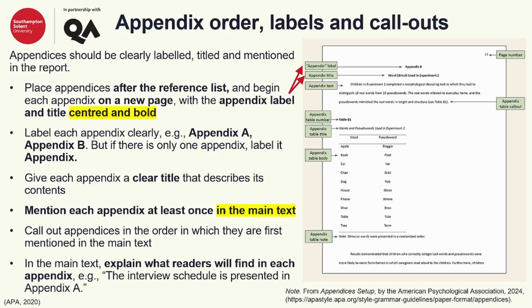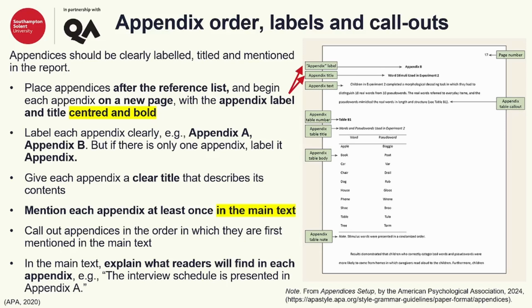For example, imagine that you first mention the interview schedule in the method section. Later, you mention the candidate themes table in the analysis section. The interview schedule should therefore be Appendix A. The candidate themes table should be Appendix B.